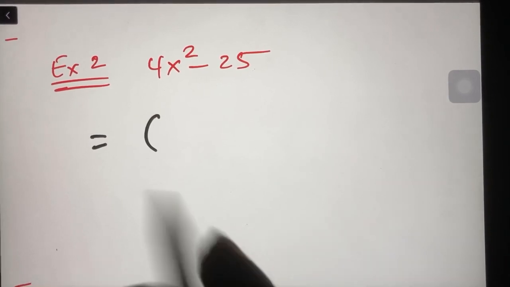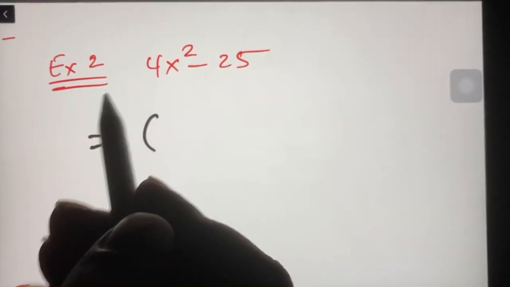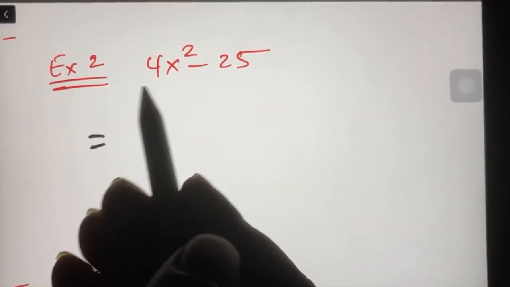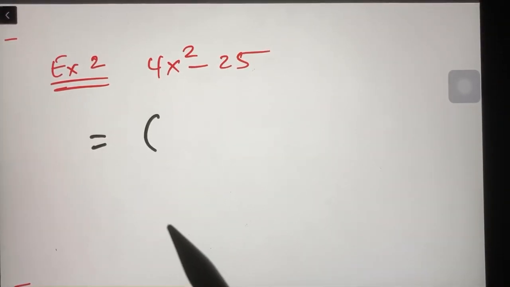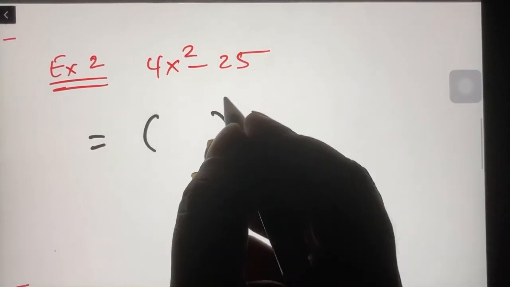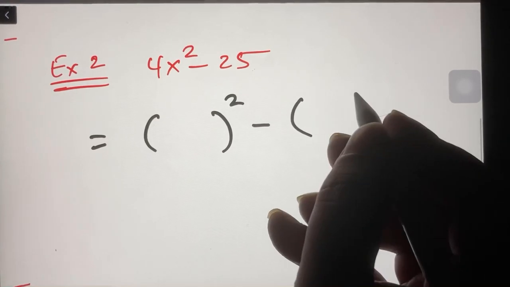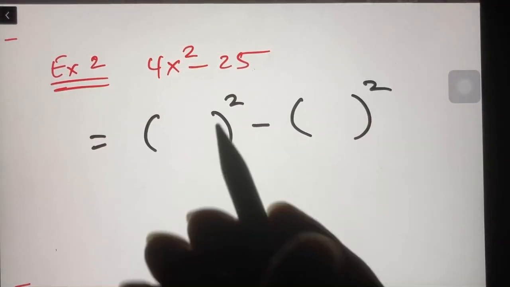The answer is no. We have 4 and 25. Only 1 goes into both 4 and 25 evenly, so we can't factor any constant out. The second option that we have is the difference of perfect squares, so something square minus something square.